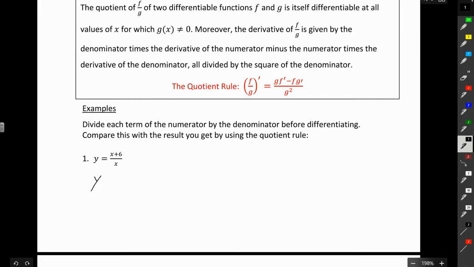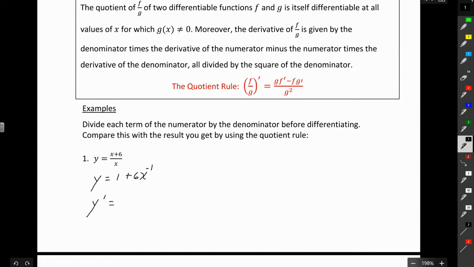So we could rewrite this: y equals x divided into x is 1, plus 6x to the negative 1. All I did was I took x, divided into x, I got 1, and I just rewrote 6 divided by x as 6x to the negative 1. Now I could very simply go ahead and find the derivative.